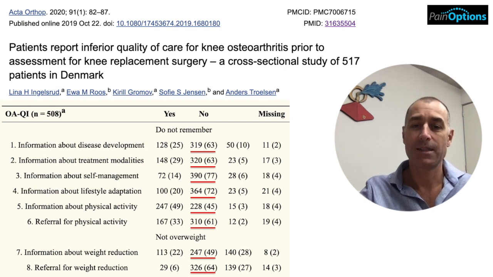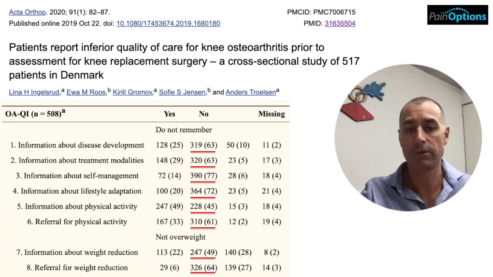What we know from that is the lack of information in primary care. So before people get assessed for knee replacement surgery, in terms of information about disease development, 63% said they didn't get it. Information about treatment modalities, 63% no. Information about self-management, 77% no. Lifestyle, 72%. Physical activity, 45%.